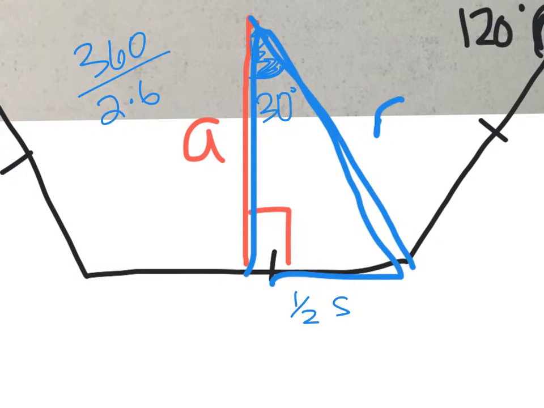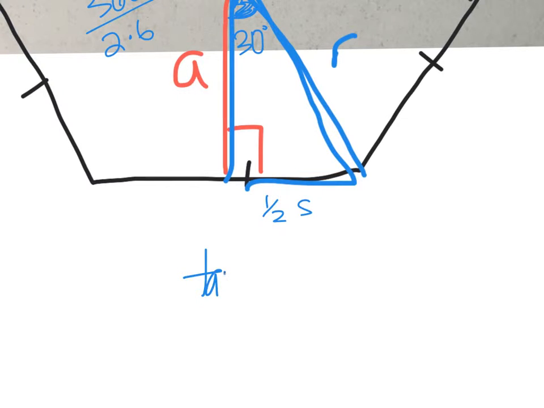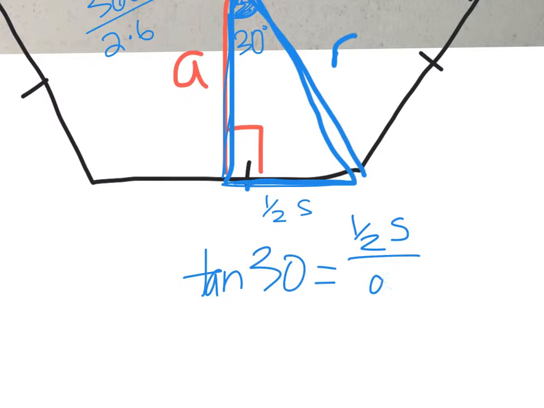So it's 1/2 of a central angle of a hexagon. I can set up this trig ratio using the tangent, because this is the opposite side and the apothem is the adjacent side. So the tangent of 30 is equal to 1/2 of the side length divided by the apothem.